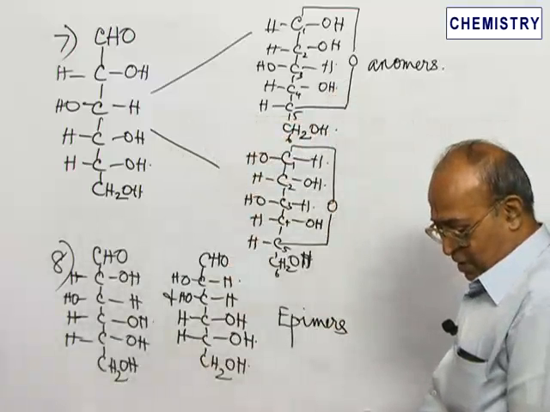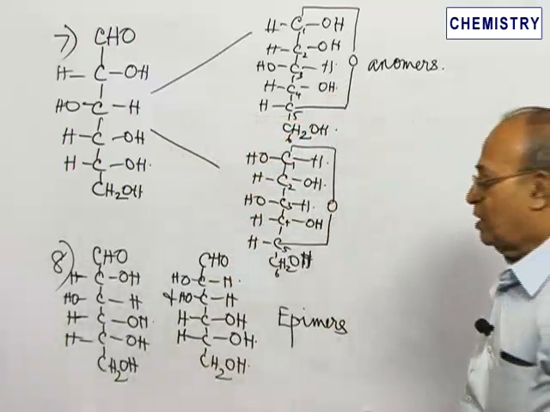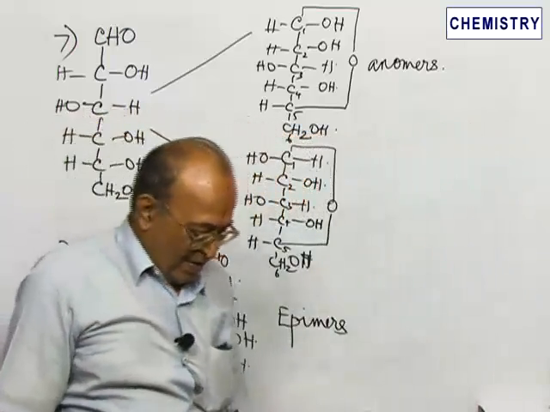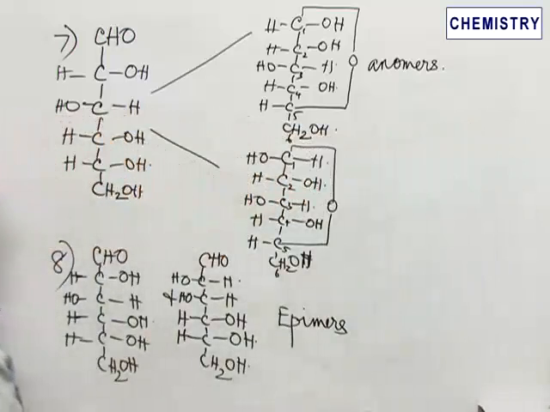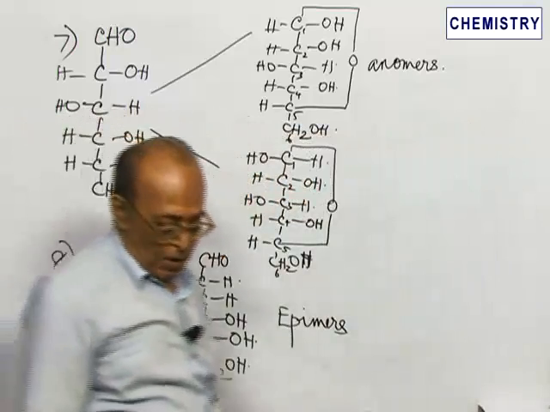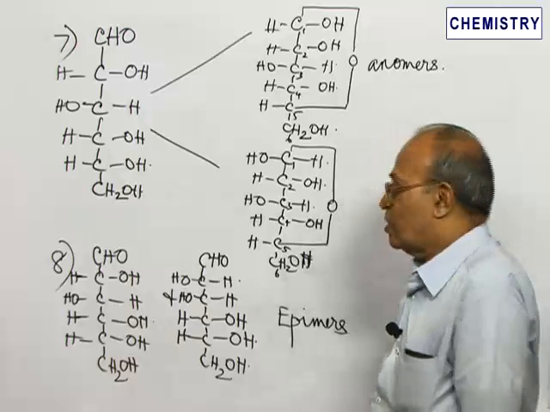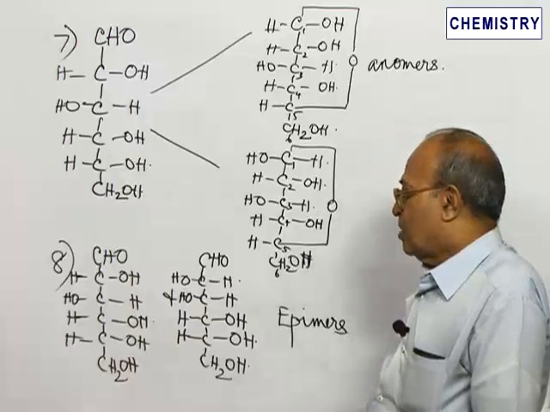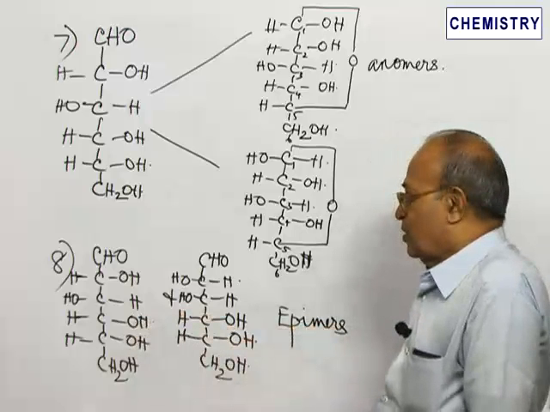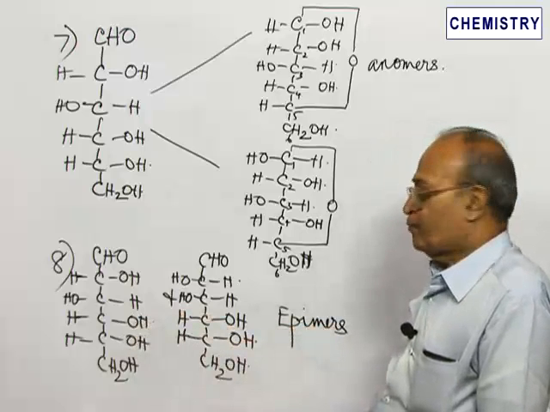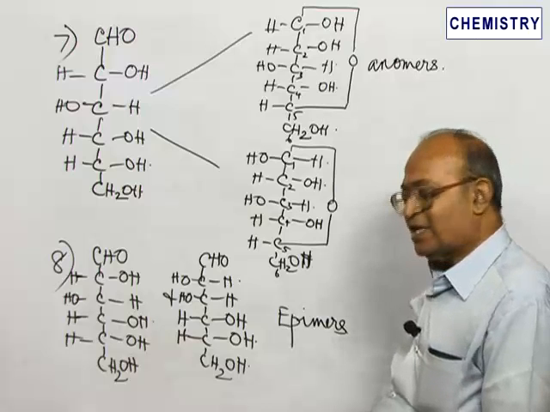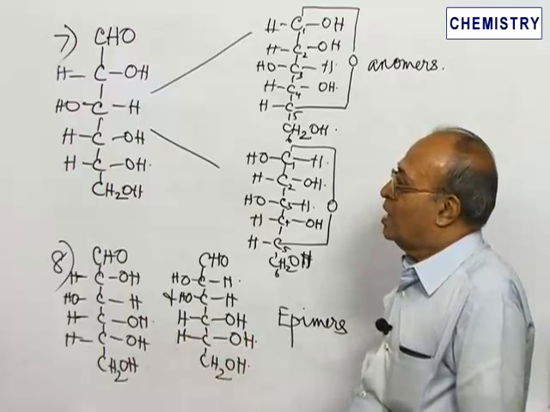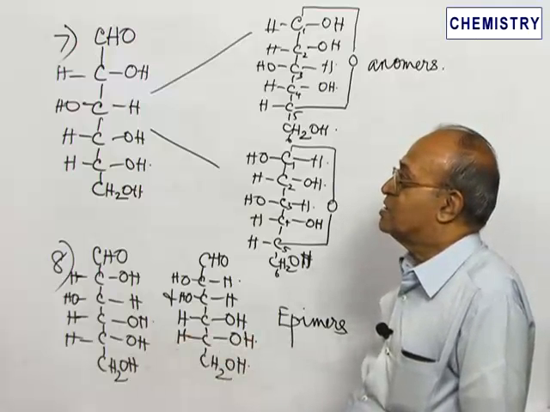All right. Consider question number 8. Now in this case, again I have considered two aldohexoses. But by looking at these two, you can notice that there is a difference among these two. And it is quite obvious.